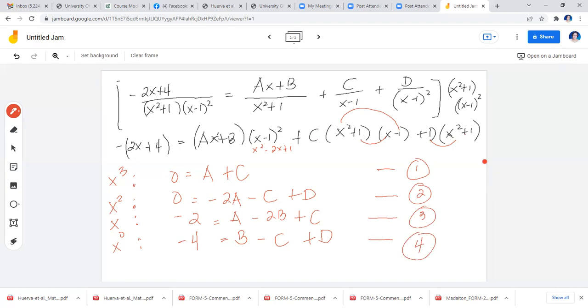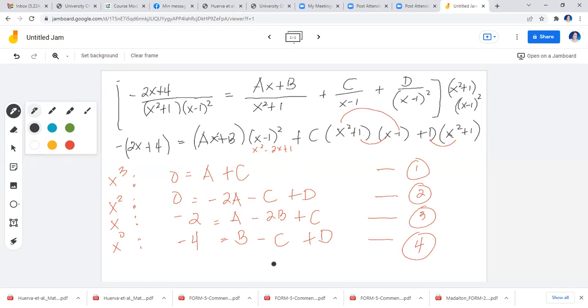Now, any suggestion from your end? How will I solve A, B, C, and D? If you cannot follow through this class, I'm not really forcing you to follow my shortcut way of doing. You can have this expanded, but I tell you, it will make one very long line here. So that is why I don't want to write one very long line.